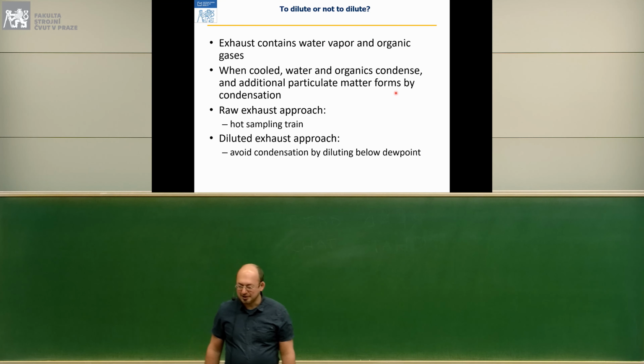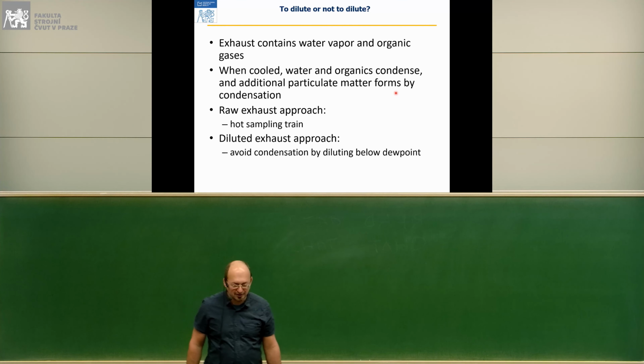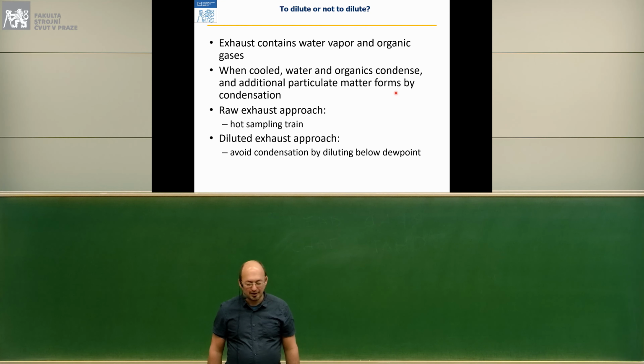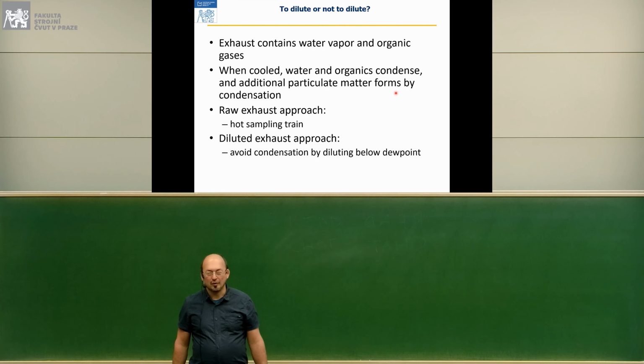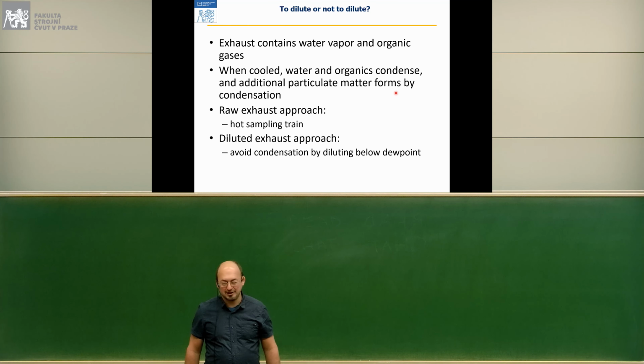If you have an engine that's running on natural gas, methane, CH4, has twice as many atoms of hydrogen per atom of carbon, so the concentration of water is double the concentration of CO2, and it could be about 20% by volume in the exhaust.